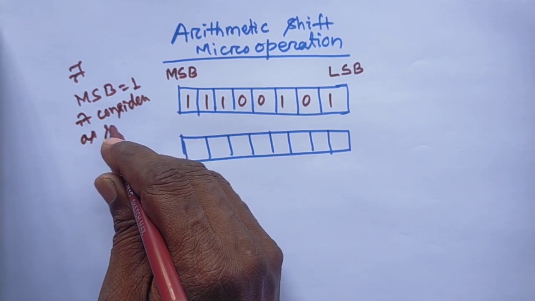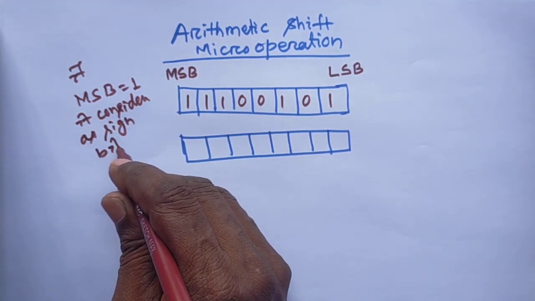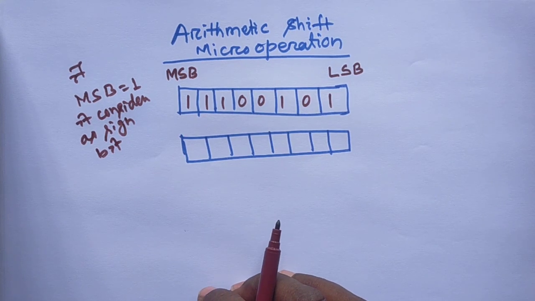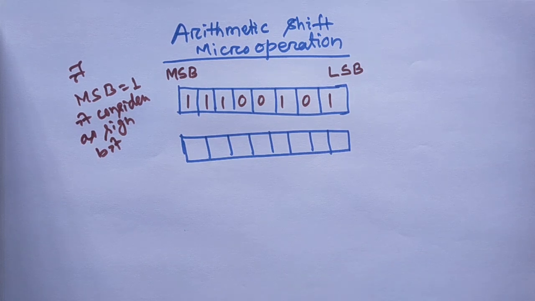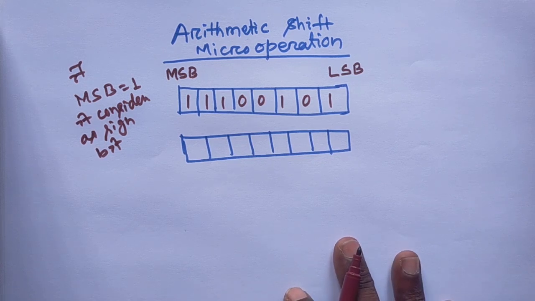If it is a sign bit, whenever a shift operation is applied, left to right or right to left, the sign bit never changes. The sign bit stays as usual, and after that we consider the shift operation left to right or right to left.